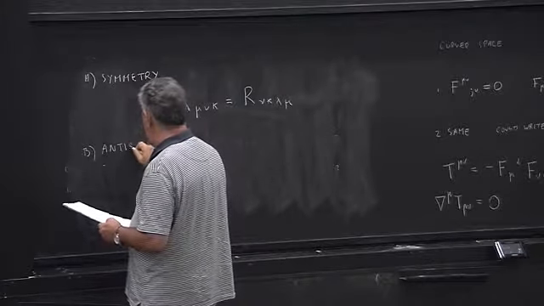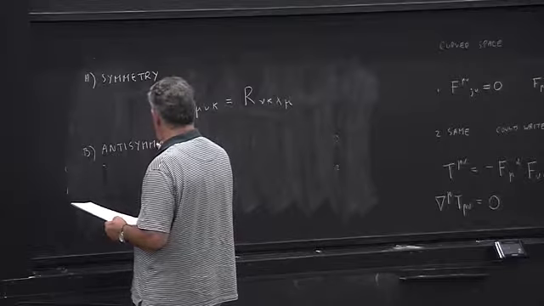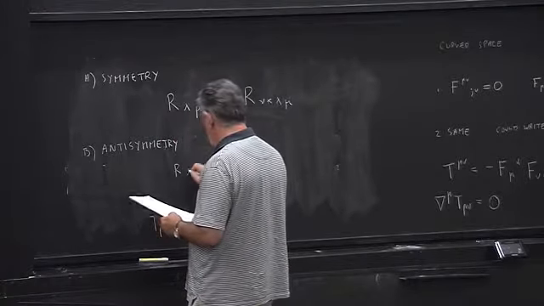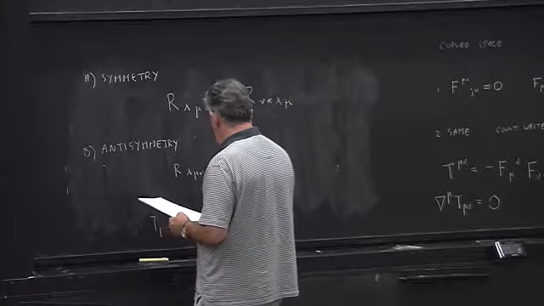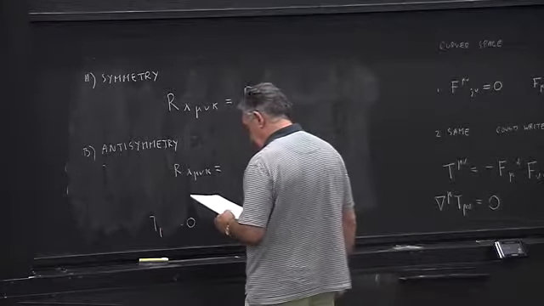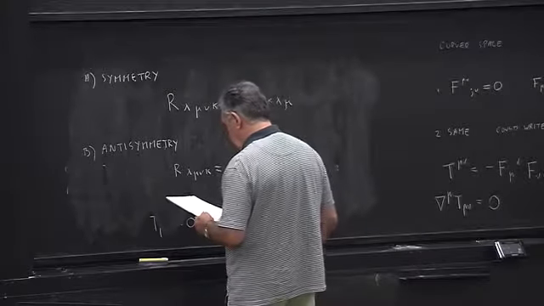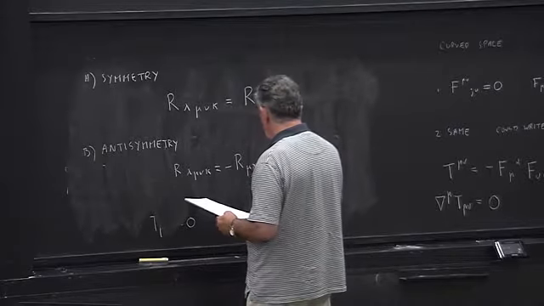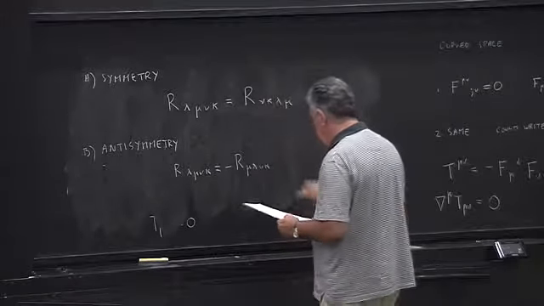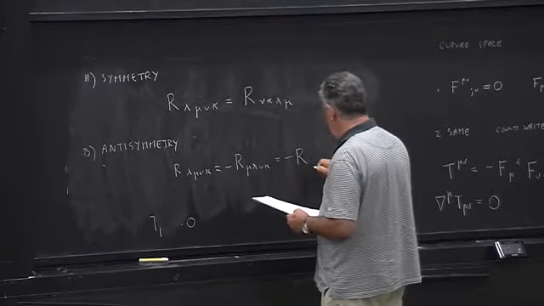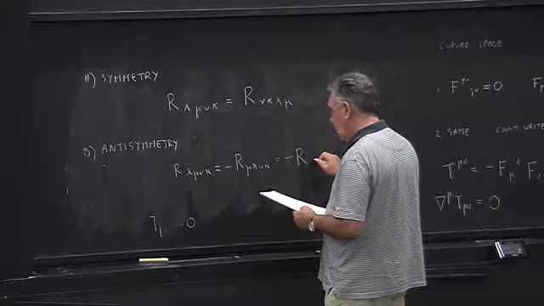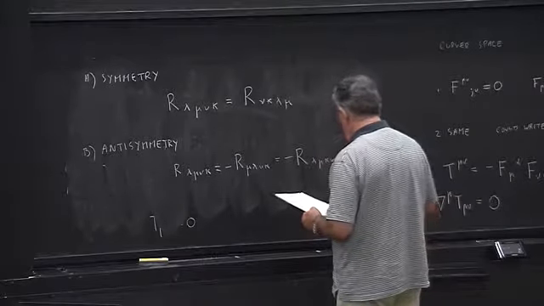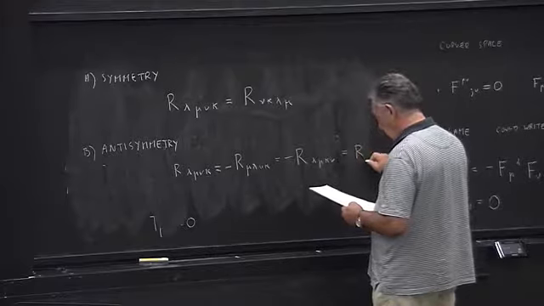There's also some anti-symmetry. If we interchange the first two, we get a minus sign. If we interchange the last two, we get a minus sign. And if we do both, we get back to where we started.